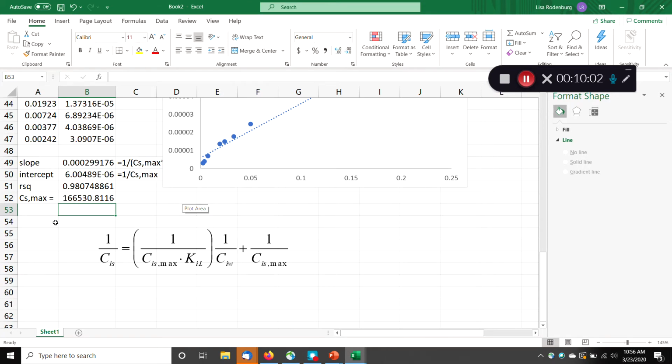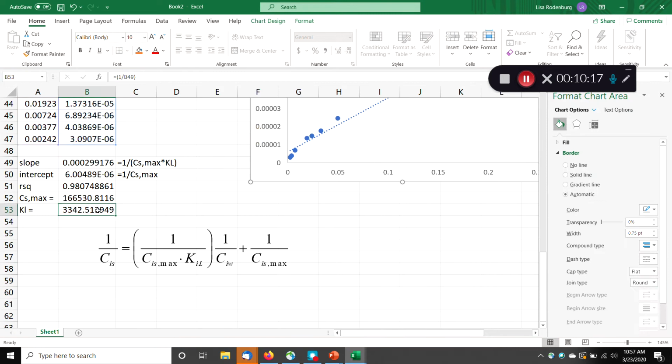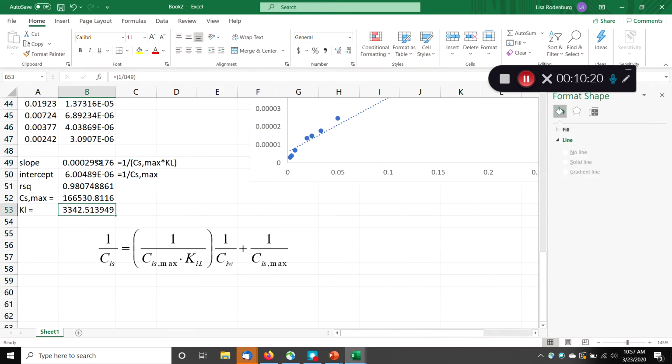And then KL is equal to, first we have to take 1 over the slope, and then we have to divide that by CS,max, which we just determined up here. And there's your KL value. We should make that a capital L, L for Langmuir. All right, so there are our values.